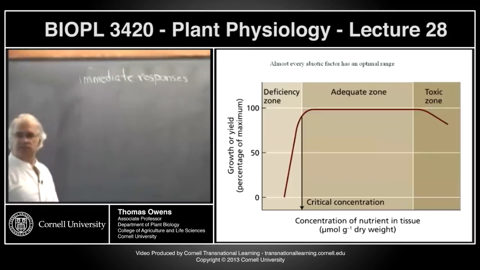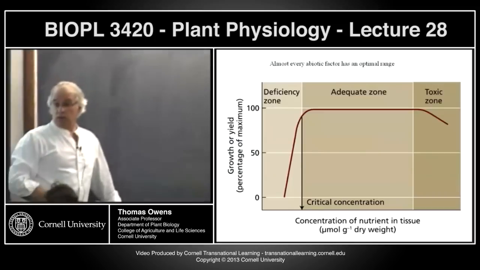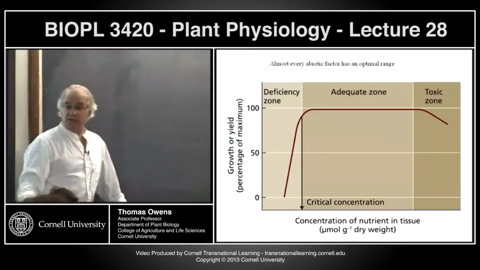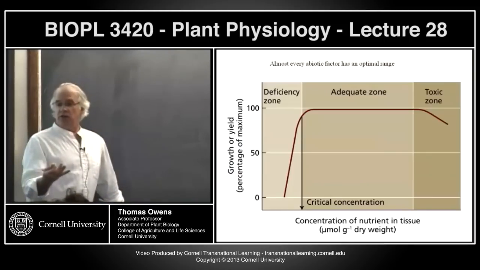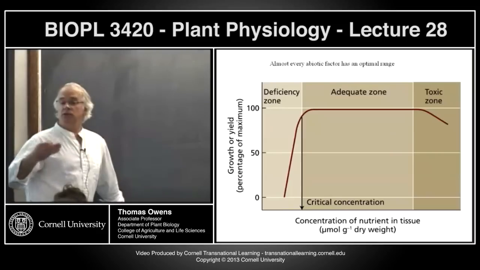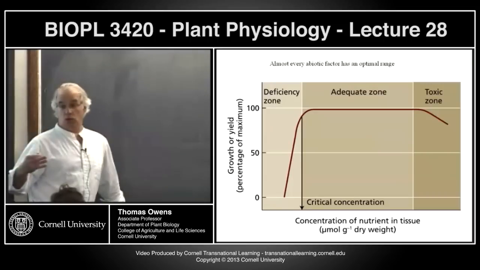And to define, this is not mentioned in the book. These responses are mentioned in the book, but this terminology is not used. Let's use as our definition of immediate responses that do not require the plant or the cells to do any work.